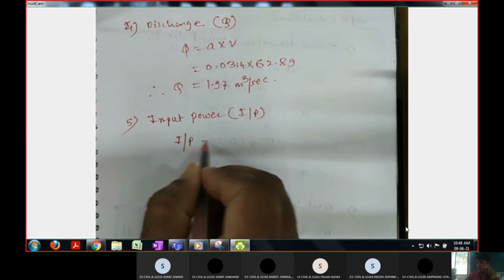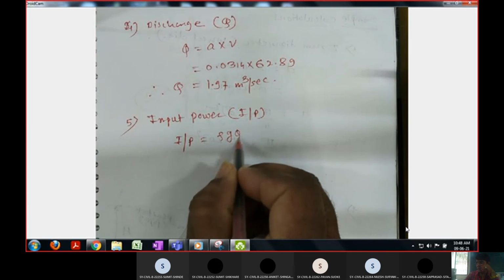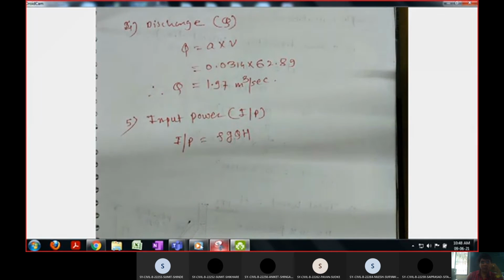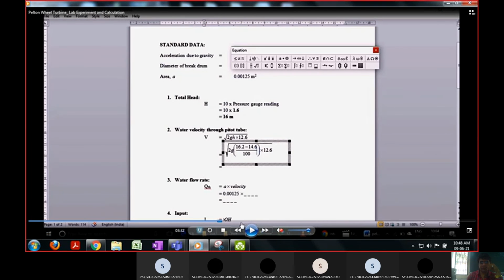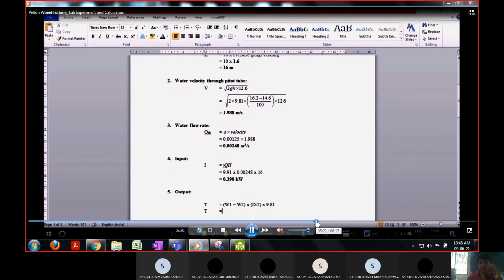We have a formula rho G Q H by 1000. So look at the formula to find out the input power.